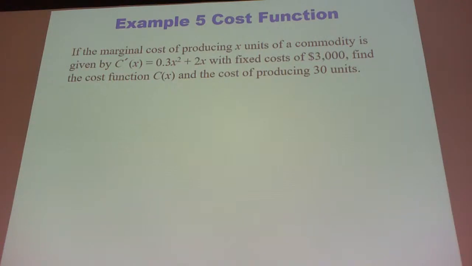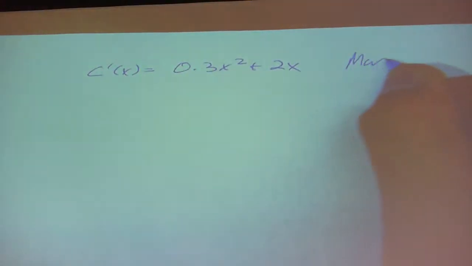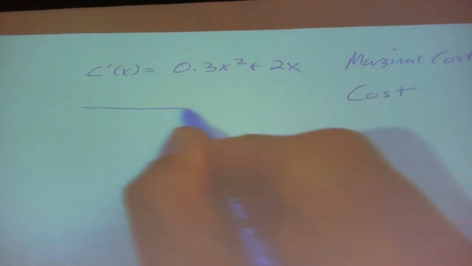So nice and slowly, you are given the derivative 0.3x squared plus 2x. So you're given marginal cost. But what I want is cost. Okay?